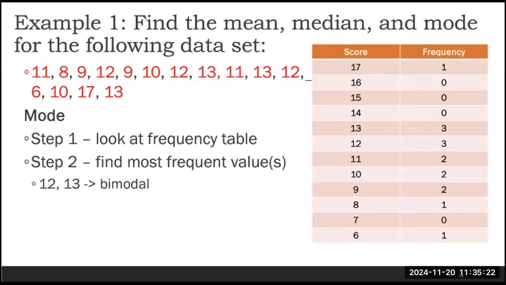So if you have a data set that has extreme values, outliers, you don't want to use the mean because mean is very sensitive to those extreme values. You are more likely to use the median. It will give you a better sense of what the middle score is in that data set.